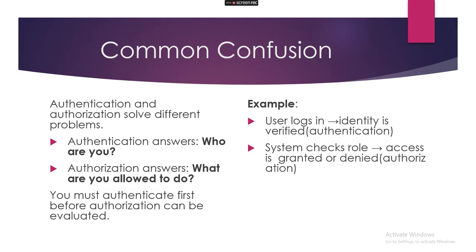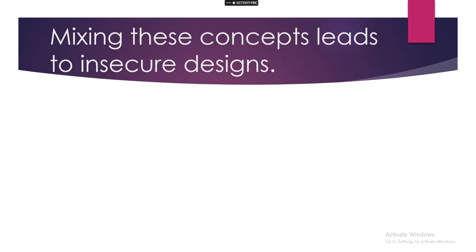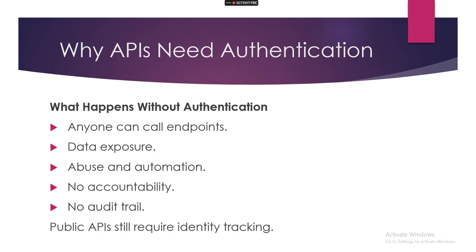That is authentication. The system then checks the role that a user has and asks, what access level do you have as this particular user? Depending on the access level, the system grants access to certain actions and certain resources. That is authorization. So mixing these concepts can lead to insecure designs.